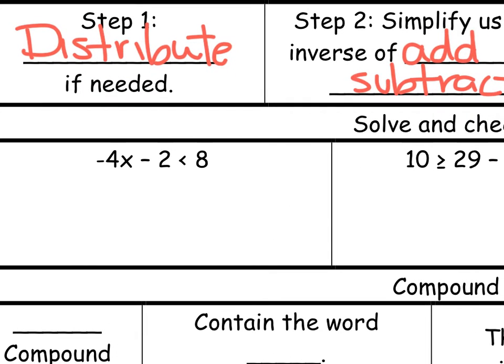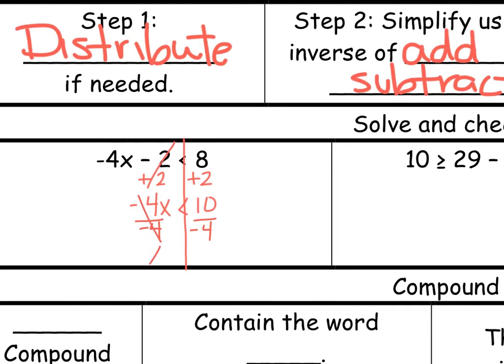And again, we're solving these just like we solve an equation. What we do to the left side, we have to do to the right side. So I'm going to add 2. That's not going to do anything to the inequality symbol. It's going to keep it the same, so we get -4x is less than 10. So this negative right here we have to divide by to isolate the variable. So we divide by -4, divide by -4.